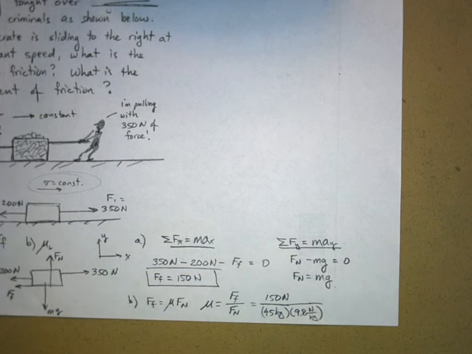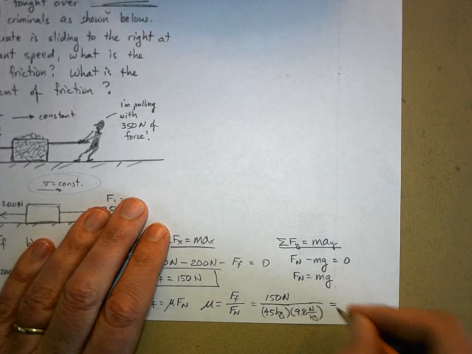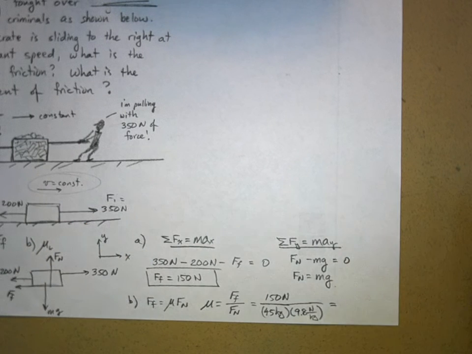Yes, you can assume you're on Earth. And when you plug all that in, 150 divided by 45 divided by 9.8, and you get 0.34.